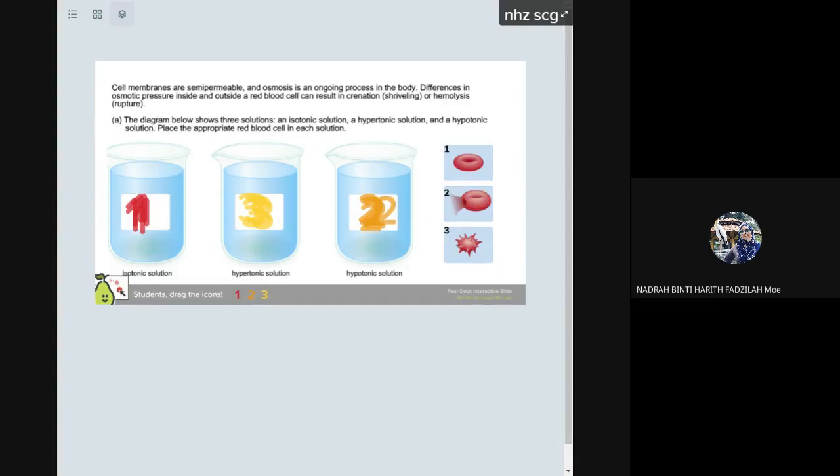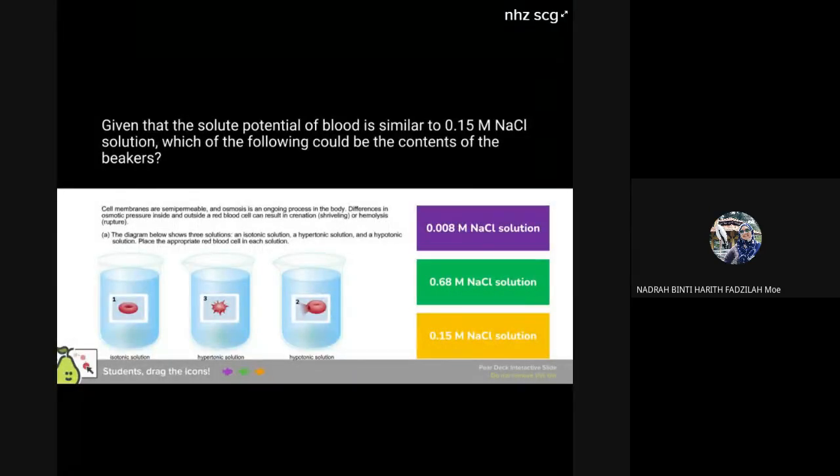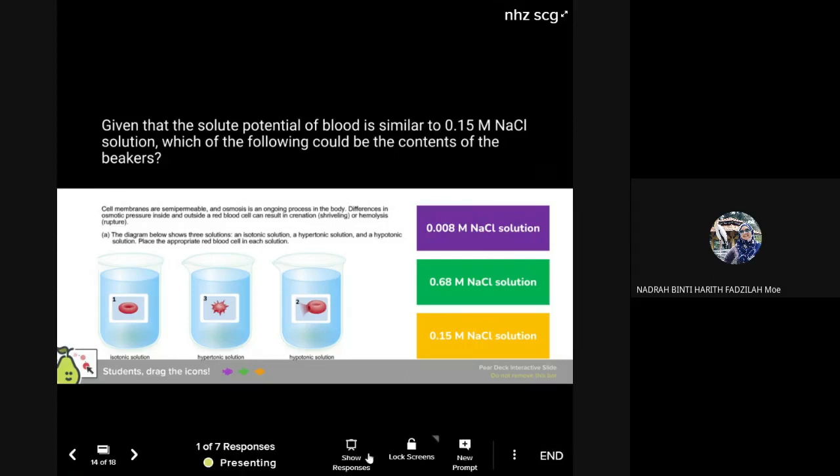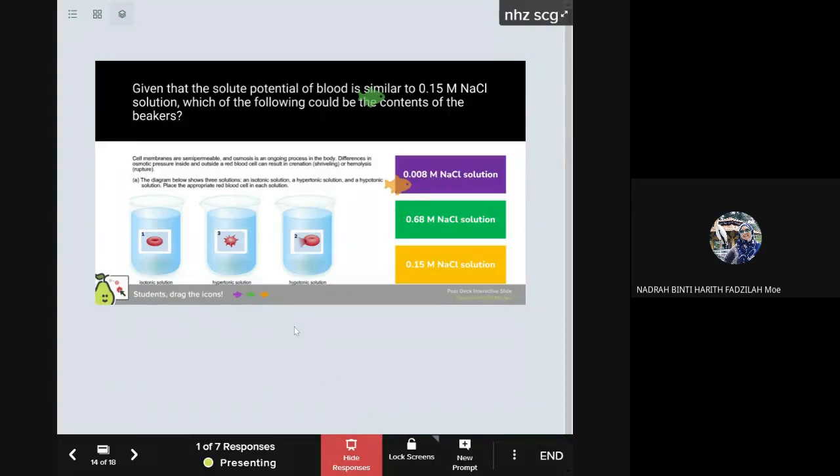So let's take a look at another one. Okay, kita dah tahu keadaan red blood cell. Kita tengok pula if we want to guess which one is the concentration for isotonic, hypertonic dengan hypotonic solution, apakah concentration dia.